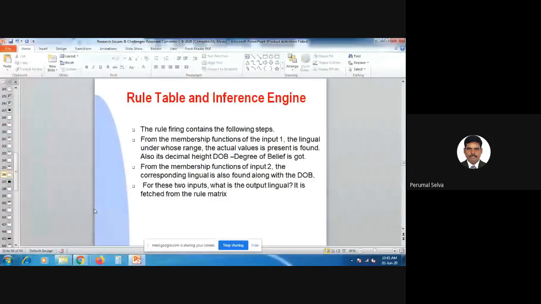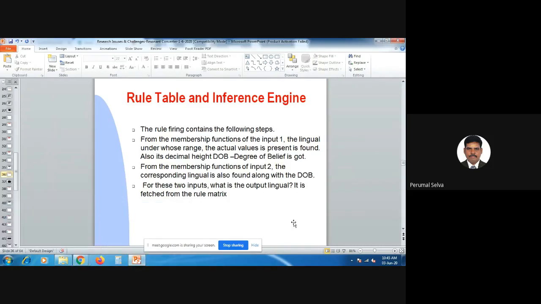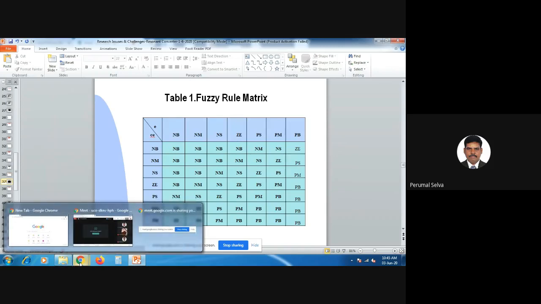From the membership functions of input 2, the corresponding linguistic variable is also found along with the degree of belief. For these two inputs, the output is fetched from the rule matrix. So next slide, sir. This is the fuzzy rule matrix table. Next slide.